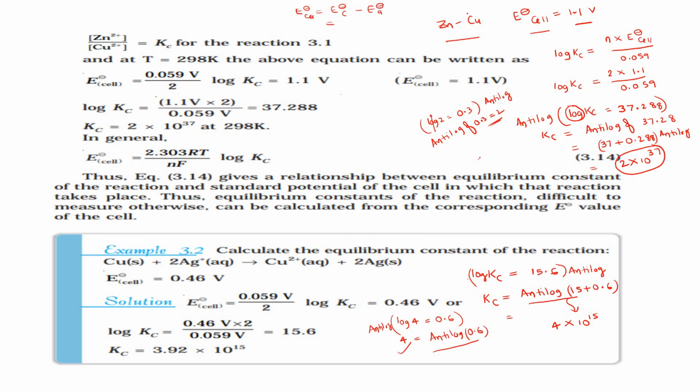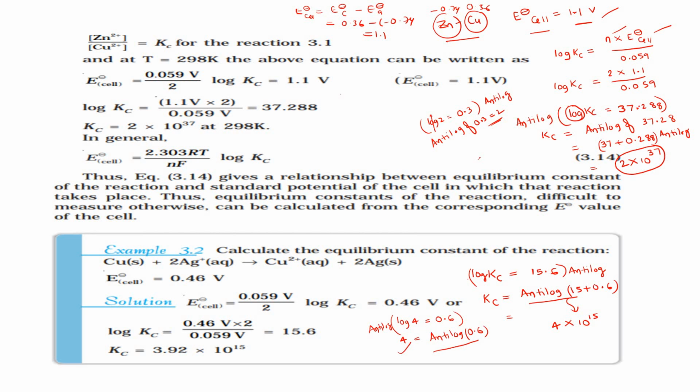Cathode is copper, right? For this one we take 0.34, and for this one minus minus 0.76, so 0.34 plus 0.76 will be 1.1. That is the 1.1 I have taken here. Now substitute 1.1. How many electrons for zinc? 2 electrons, so you take n as 2.